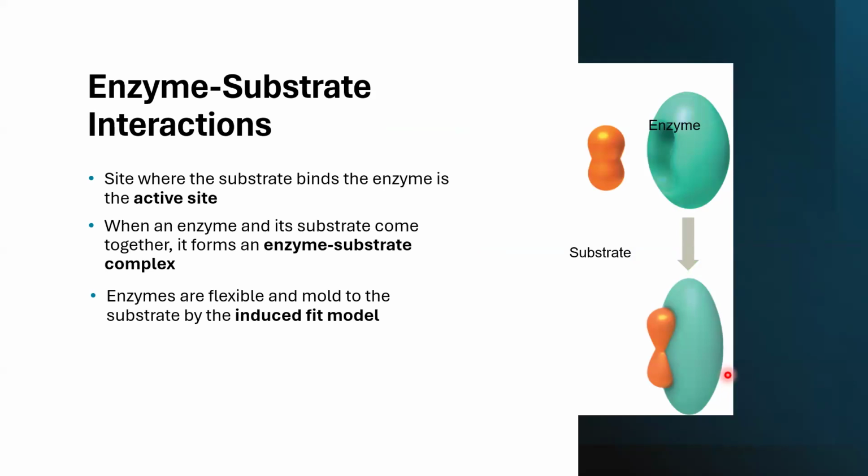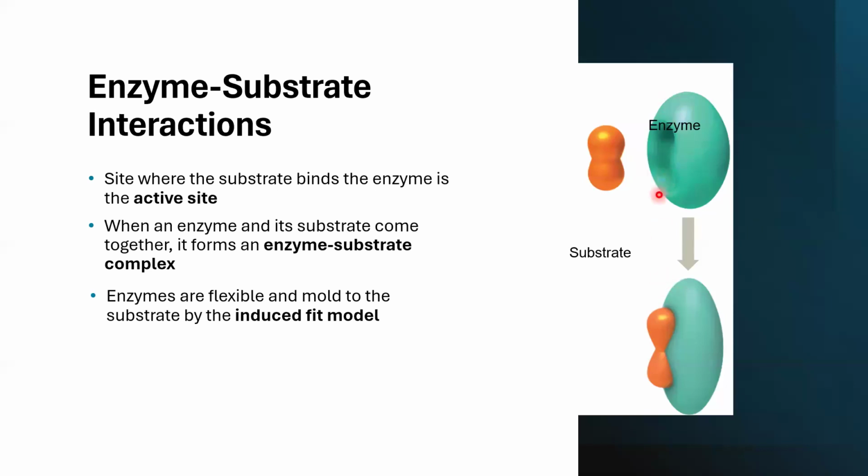Here we've got an example of how the enzyme is going to interact with the substrate. As I mentioned a moment ago, the enzyme has an active site, which we can see here. When it comes in contact with its substrate, you're going to get the enzyme substrate complex, right? So that's what we see here.